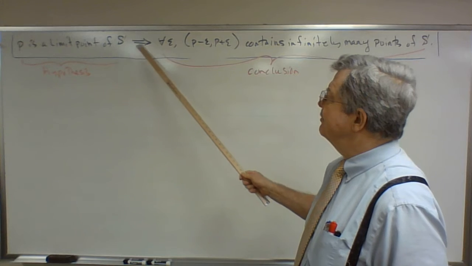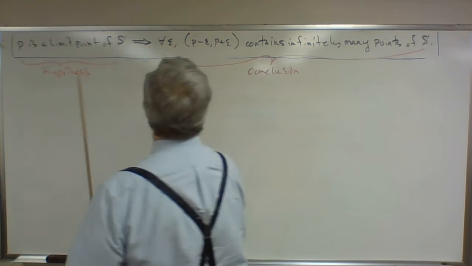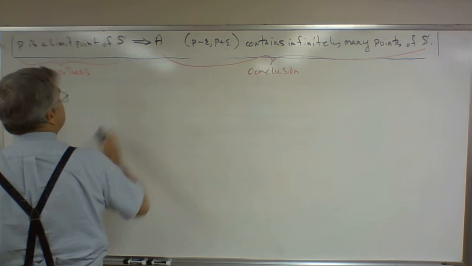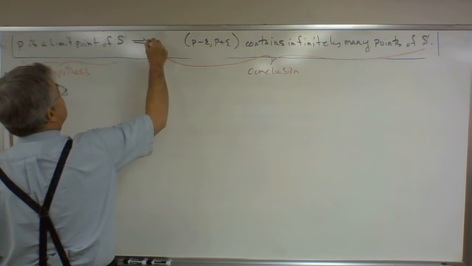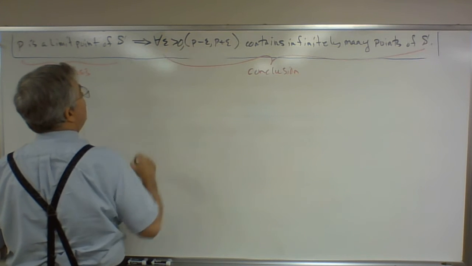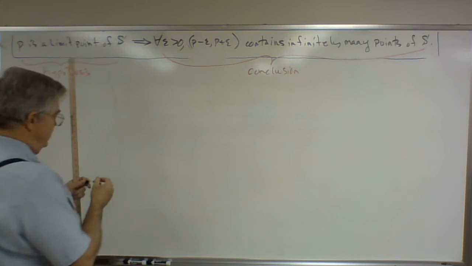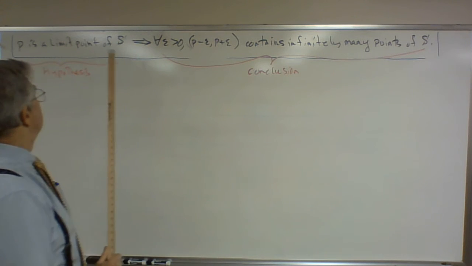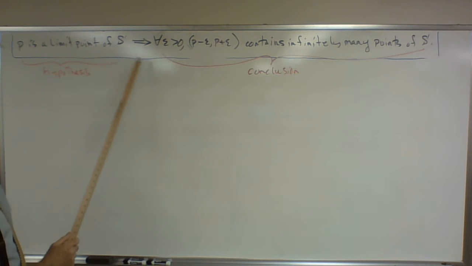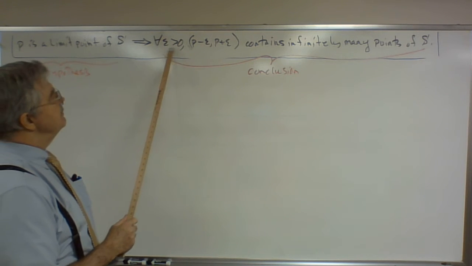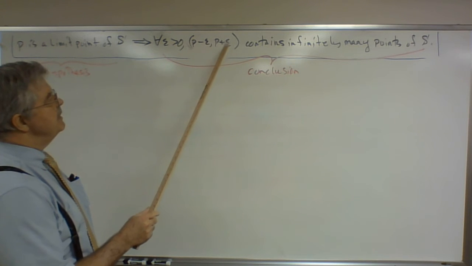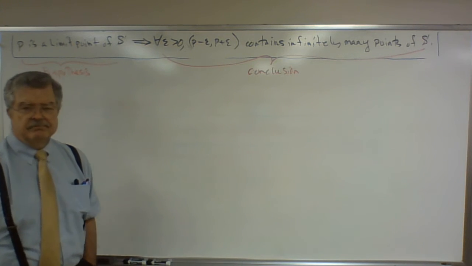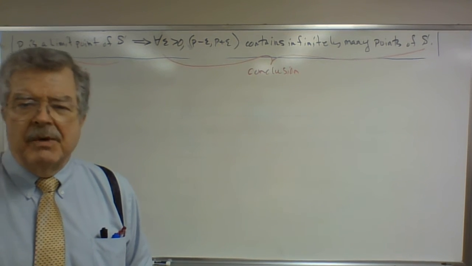If P is a limit point of S, then for each epsilon greater than 0, the interval (P minus epsilon, P plus epsilon) contains infinitely many points of S. So our hypothesis: P is a limit point of S. Our conclusion: for each epsilon greater than 0, the interval (P minus epsilon, P plus epsilon) contains infinitely many points of S. And we're going to do this by contradiction.